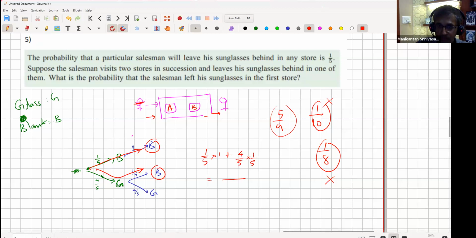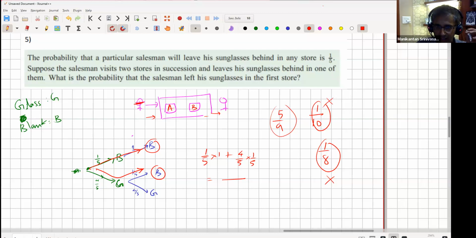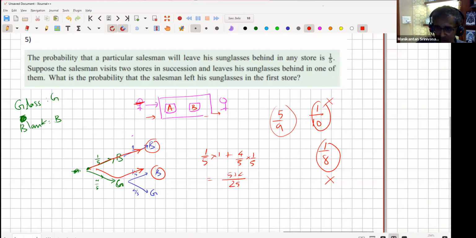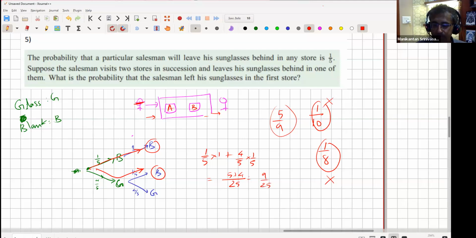So the question is, what is the probability that the salesman came out without glasses? Then the answer would be what I stated here, which is the sum of these two, which is 5 plus 4, 9 over 25. This will be the answer to that question: what is the probability that he comes out without glasses?